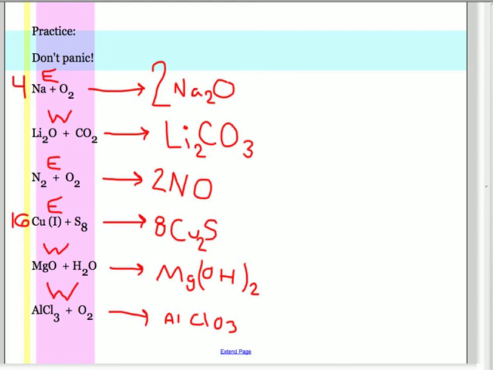Chlorate is -1. So we're going to need 3 chlorates. Now be careful here because we have 9 oxygens, which is a weird thing. So what we're going to have to do is double the 2 aluminum sides. And then we're going to need to put a 9 out front of our oxygen. And we should be good to go.